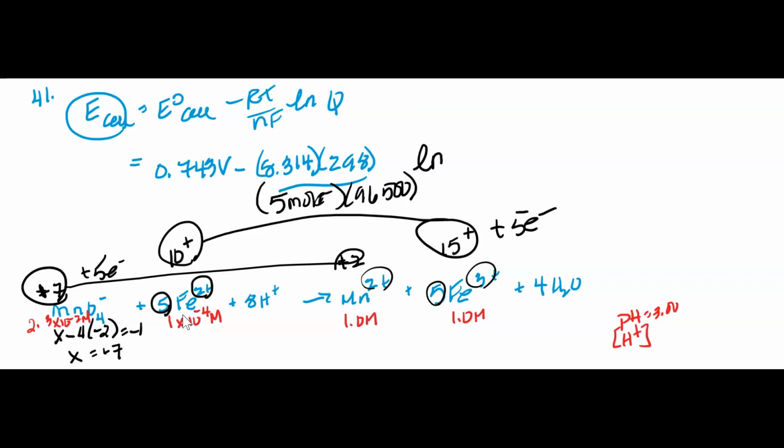These are the concentrations of the various ions. We're told pH is 3. That means the hydrogen ion concentration is 10 to the minus 3. And of course, there are 8 hydrogen ions. So I'm going to have to take care of all this. Products. So the manganese 2 ion.